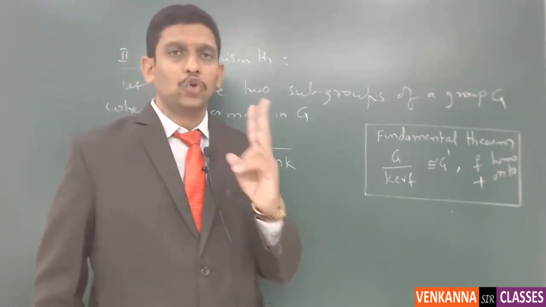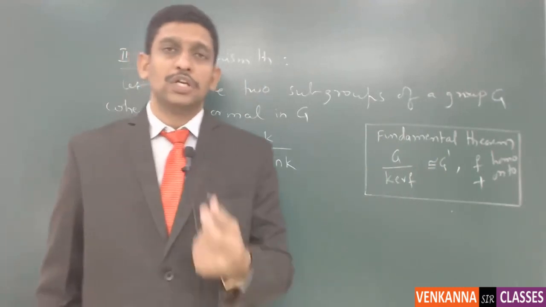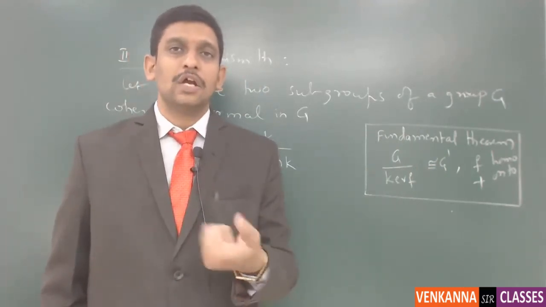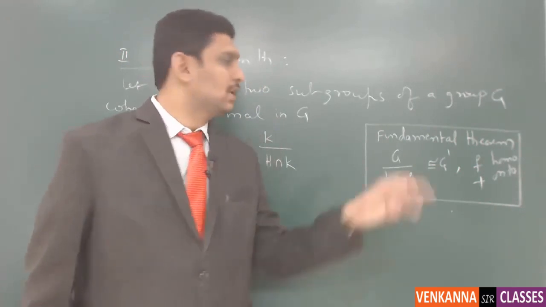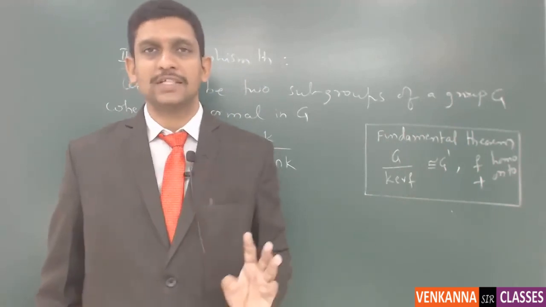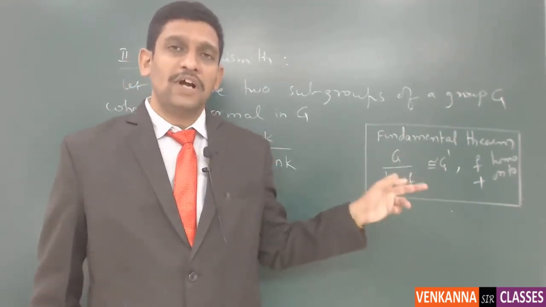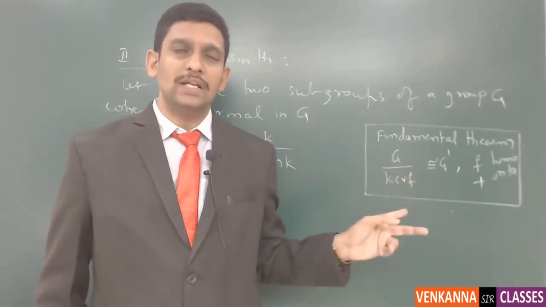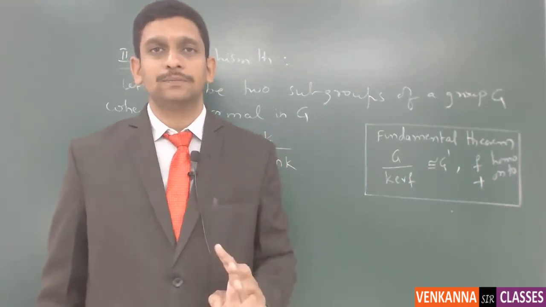So what it says, whenever you have two groups, G and G dash, your duty is you have to define a function f between G and G dash as per your convenience. And you have to show that the function f, what you defined, must be a homomorphism and onto.